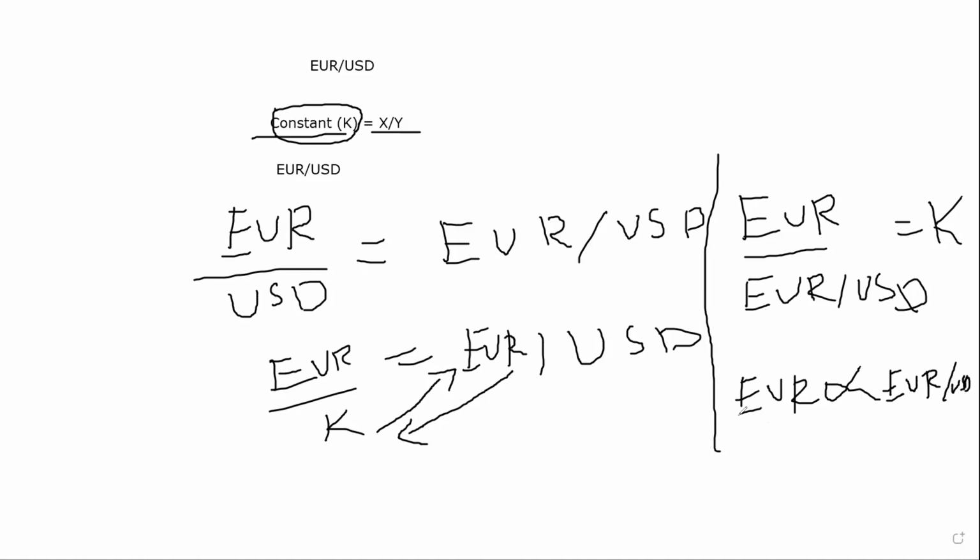This is the sign of direct proportionality. So euro is directly proportional to its exchange rate. I have mathematically proven that the base currency is directly proportional to the exchange rate. When the value of the base currency goes up, the value of the exchange rate also goes up. When the value of the base currency goes down, the value of the exchange rate also goes down.